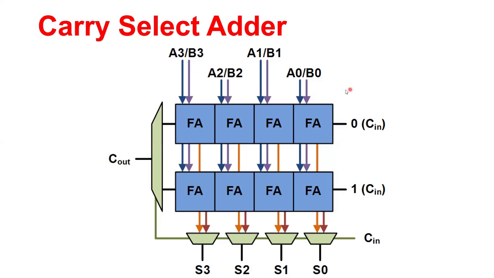So for a full adder, a 1-bit adder circuit, you have A naught, B naught coming in as input. Then A1, B1 go to the second stage, A2, B2 to the third, and A3, B3 to the fourth stage. And that's how this is a carry ripple adder where you have a simple architecture.